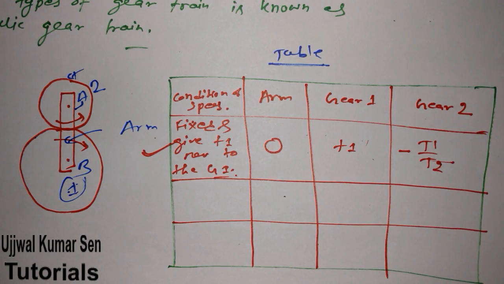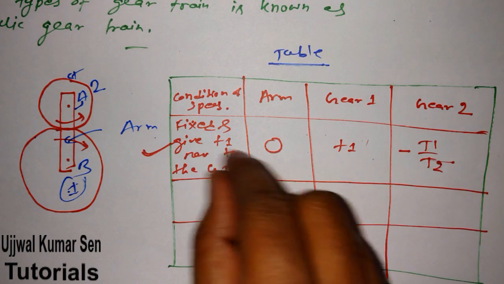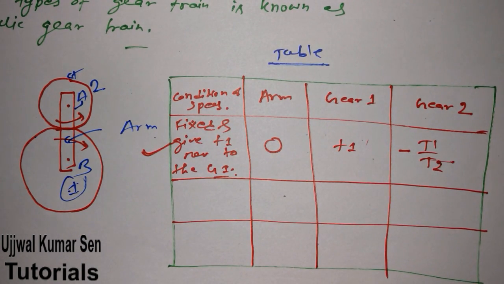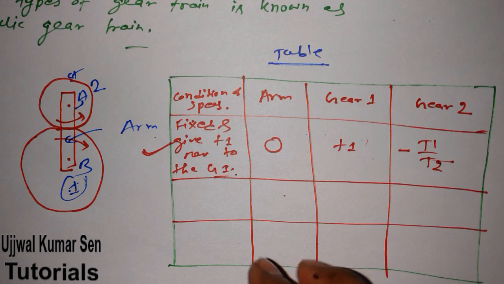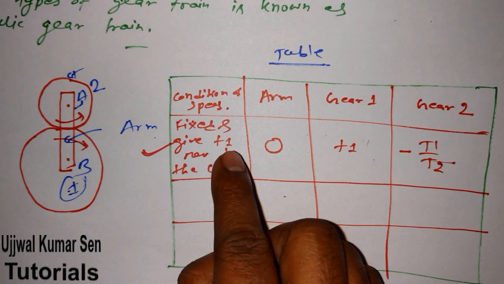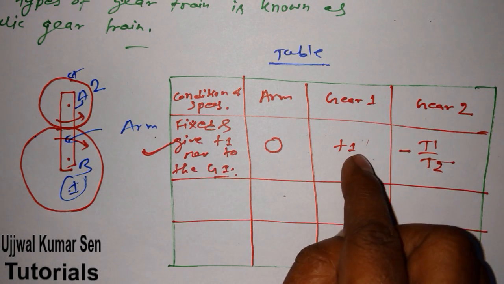I am telling you again, just understand what exactly I am doing here. I am fixing the arm. If I fix anything, is there any probability of moving? If I am telling it this is fixed, means this is fixed, so there would not be any movement. That means arm speed would be 0. Again, in this condition I am giving +1 revolution to this gear 1.